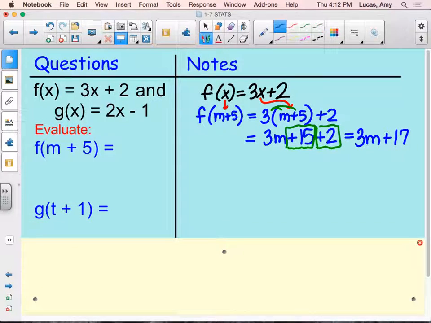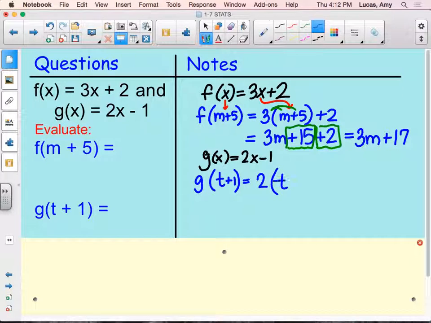The next one, we're using g of x this time. So g of x equals 2x minus 1 is our function to start with. And I am substituting for x t plus 1. So where the x's are, I substitute t plus 1. So this x here and this x here, and keep it in parentheses.